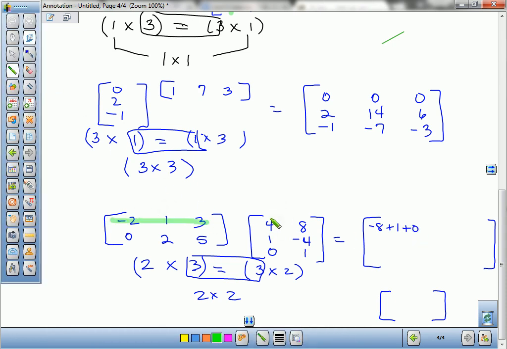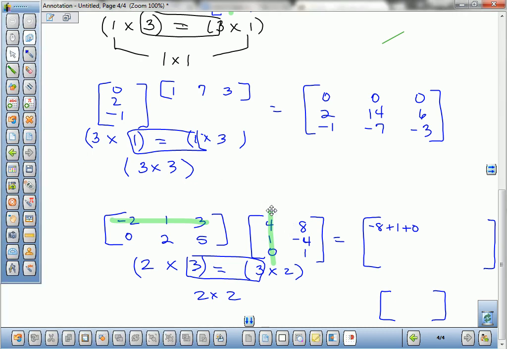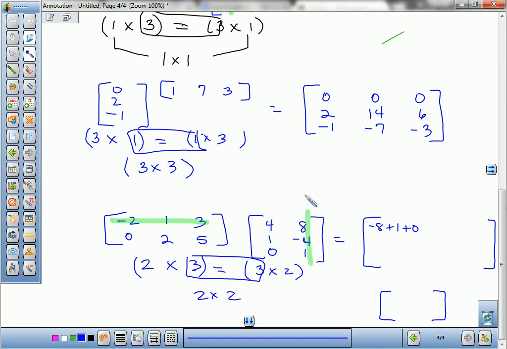Do you see it? All right. Now we're going to stick with row 1, but now we're going to do column 2. So it's -16, -4, plus 3.